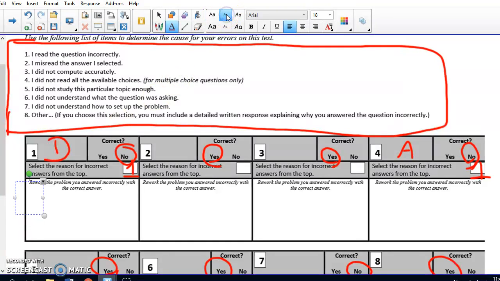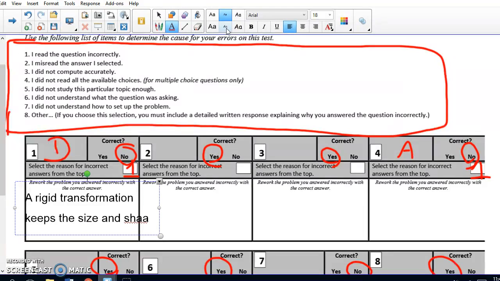So I'm going to come over here and I'm going to type, you would write it, but I'm going to type a rigid transformation keeps the size and shape the same. I thought plastic would stay the same, or whatever your reason is.